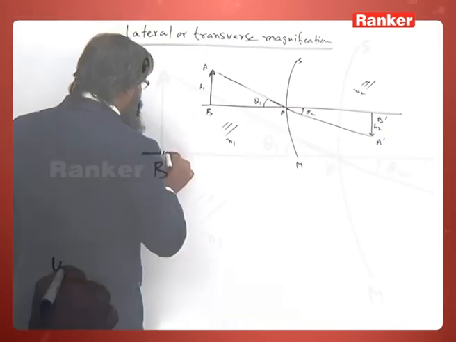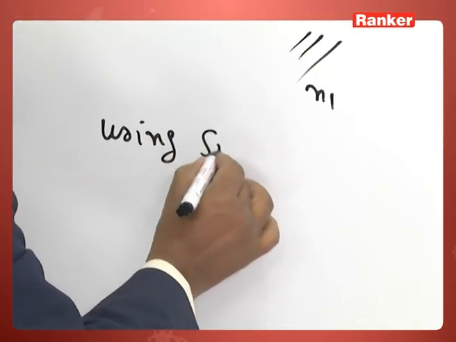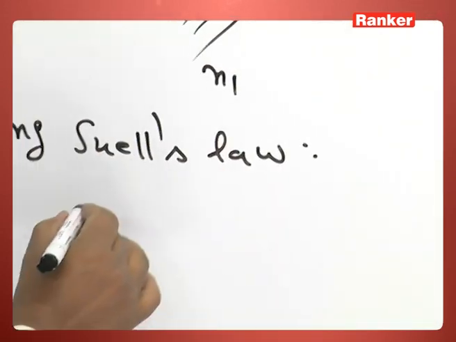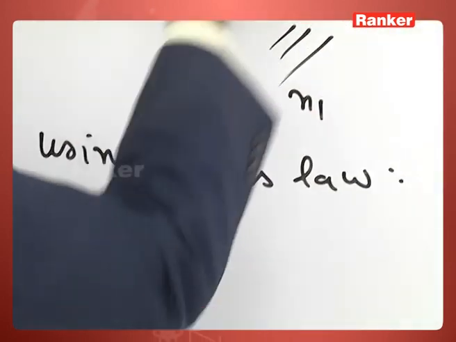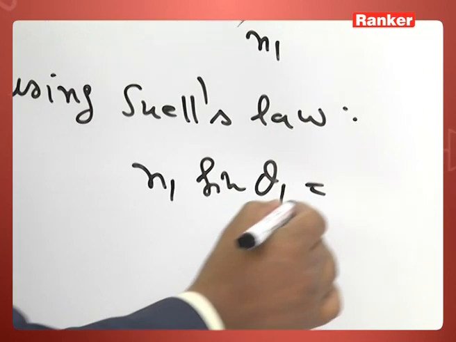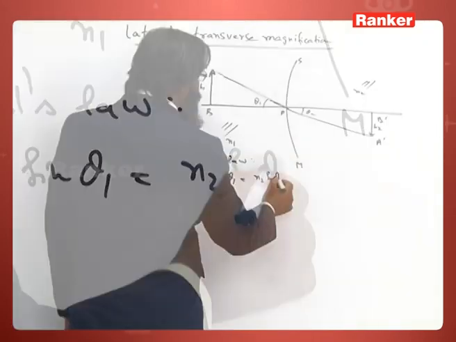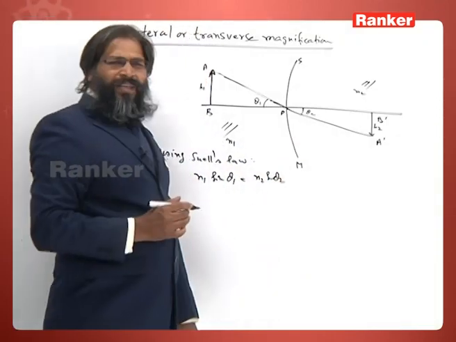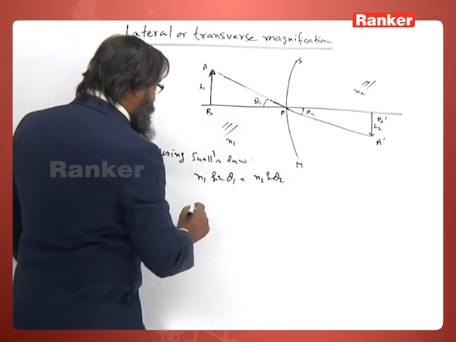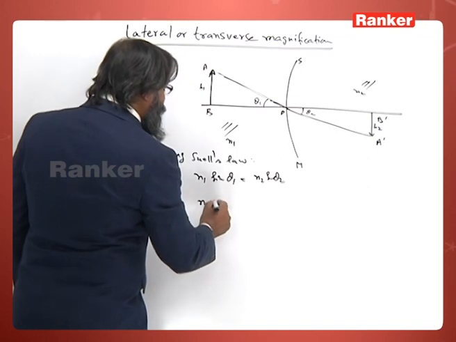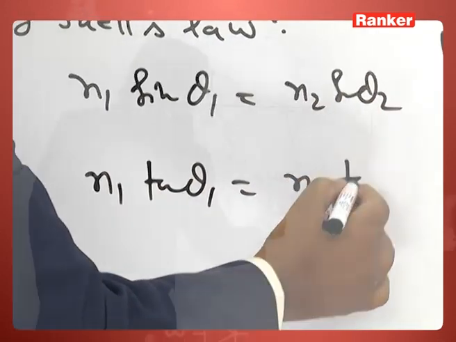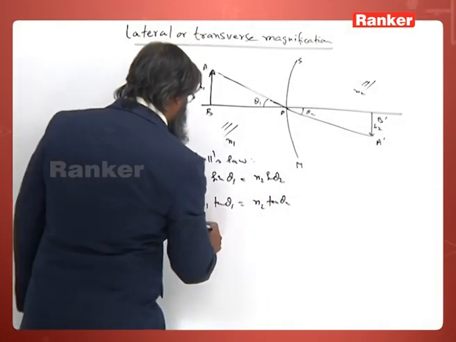Using Snell's law, n1, the refractive index of this medium, into sine theta 1 is n2 sine theta 2. Now, these are paraxial rays, so I can write sine theta 1 as tan theta 1 and sine theta 2 as tan theta 2.